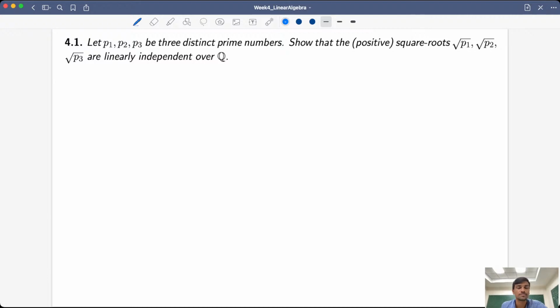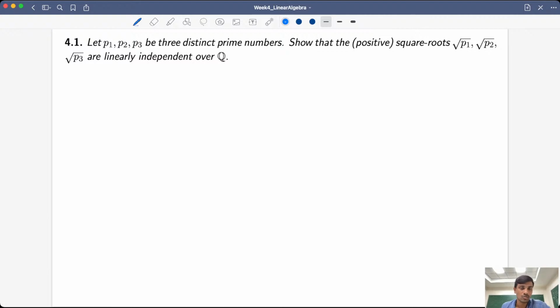Also, whenever a prime number p divides a product of two numbers, then p divides at least one of them. Those are things you have seen. You are given three distinct prime numbers, and you need to show that their square roots are linearly independent over Q.